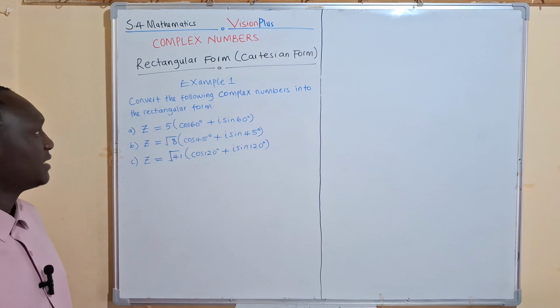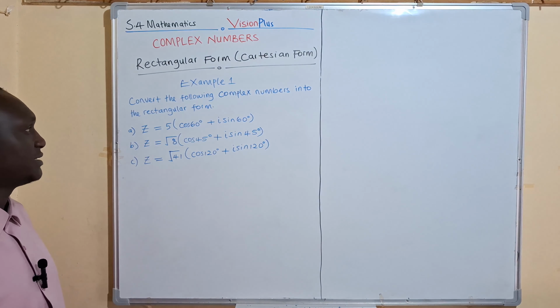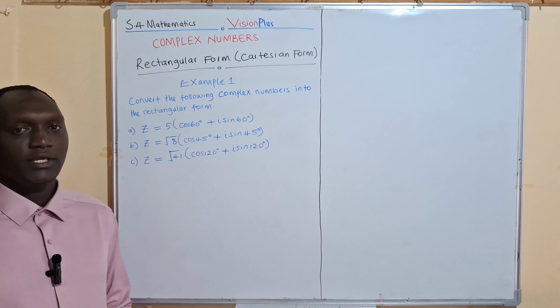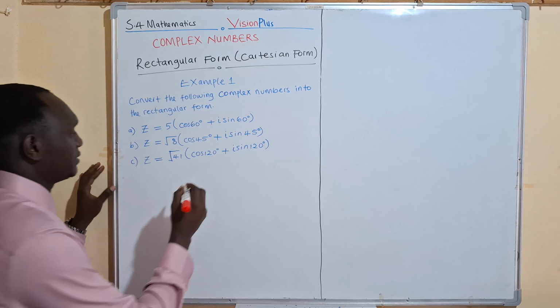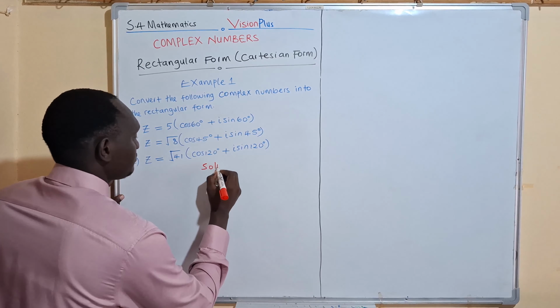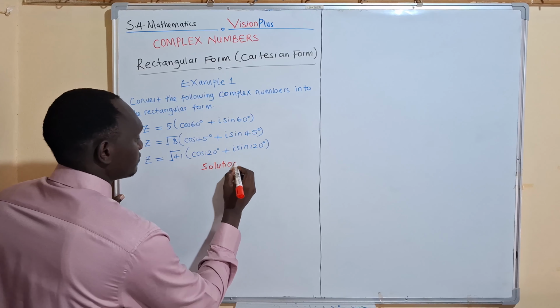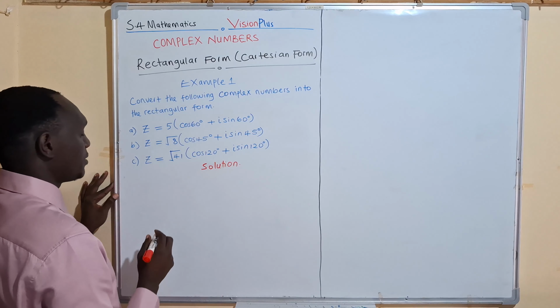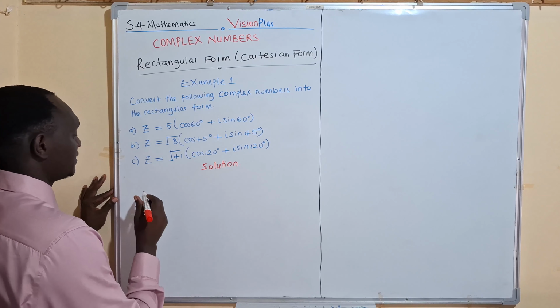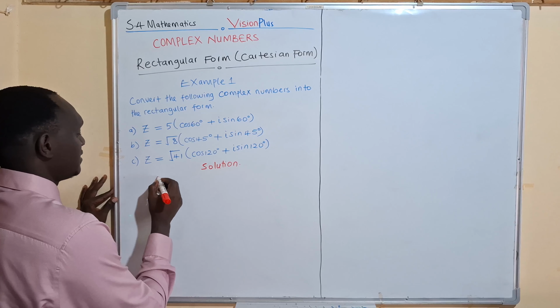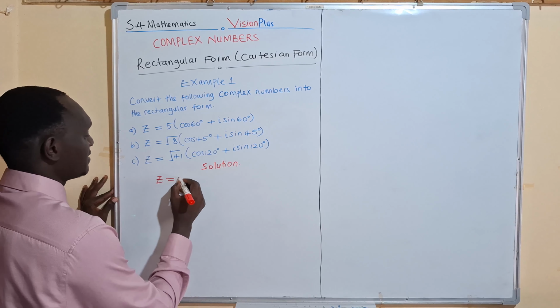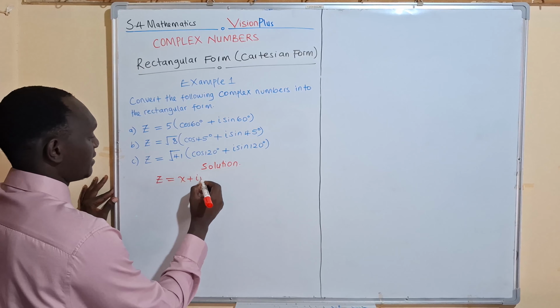So example 1 says that we need to convert the given complex numbers into the rectangular form. The solution is: the rectangular form of any complex number, say z, is given as x plus iy.